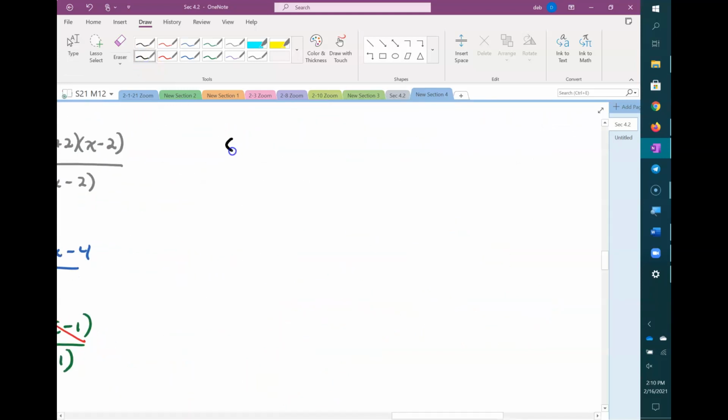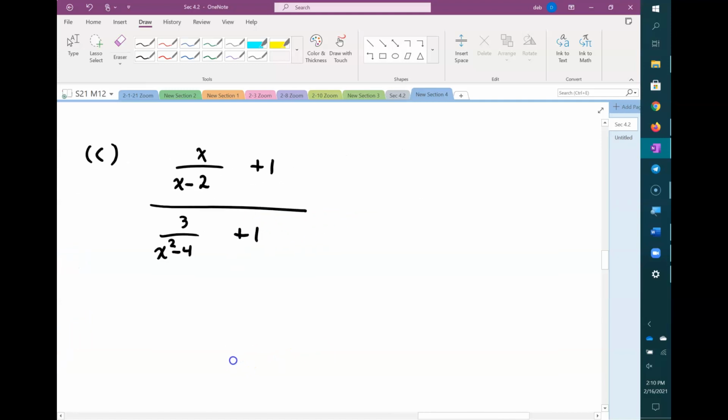And let me just demonstrate doing it the second way. So I have x over x minus 2 plus a 1 in the top. 3 over an x squared minus 4 plus a 1 in the bottom. So the second way is you get a common denominator in the numerator.